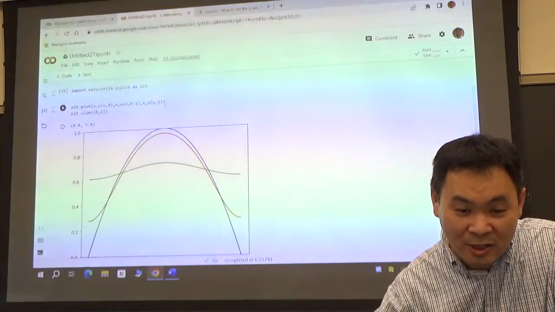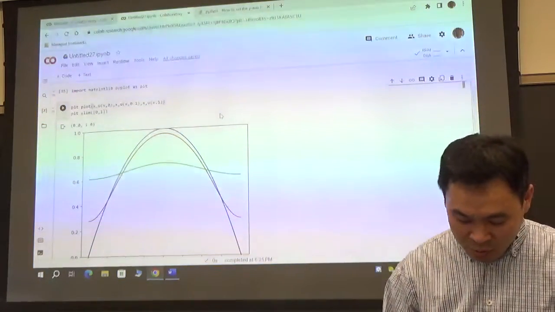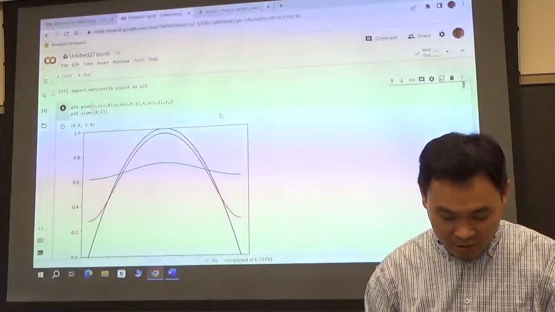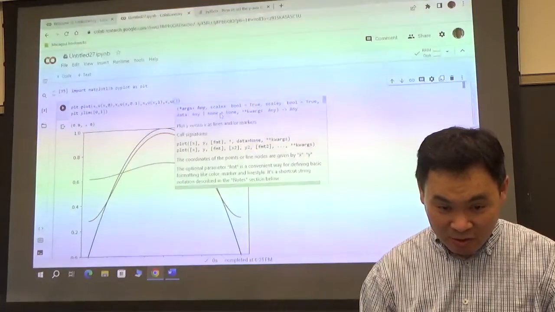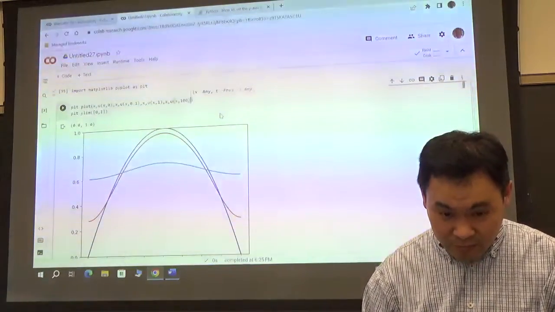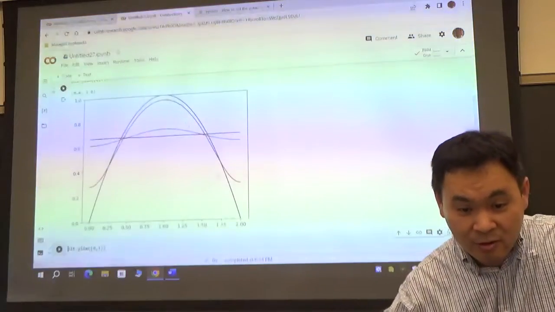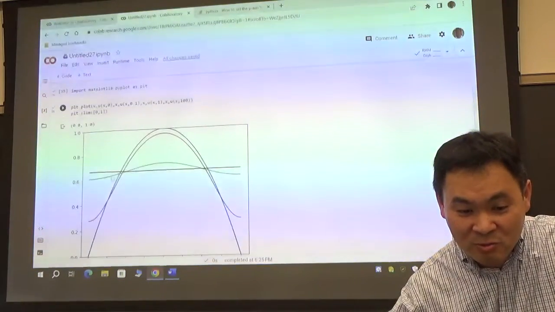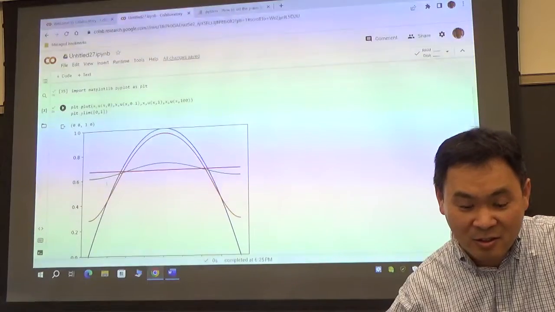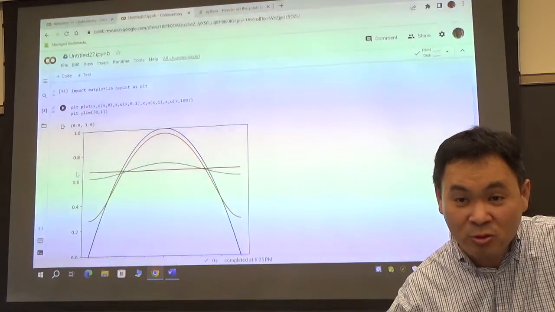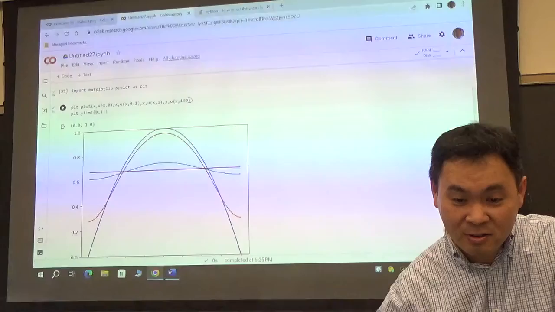And then if you want to add like time infinity, well, we can't do time infinity, but let's say time 100 seconds passed. Then you get this red line, which is basically a flat line at 2/3, 0.666, right?